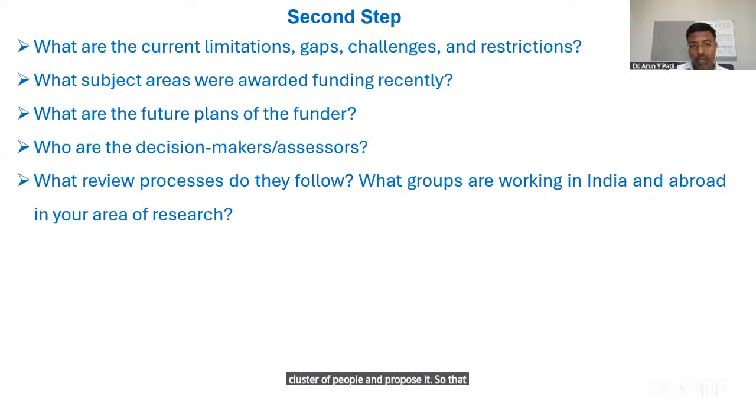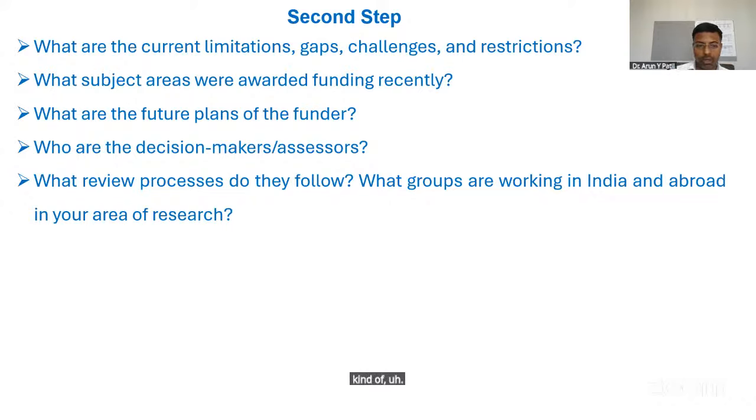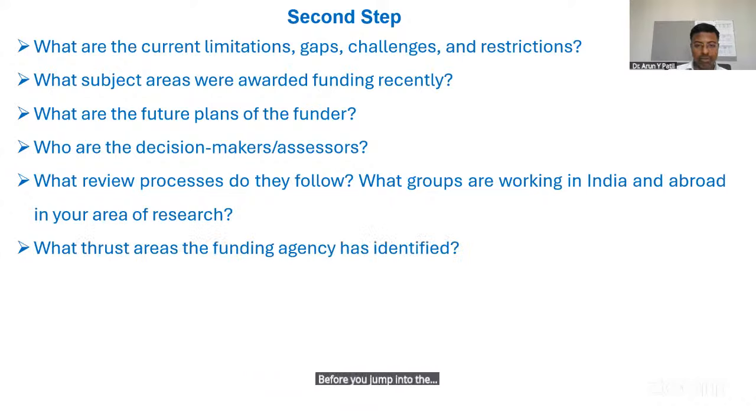That won't work. Every individual should be unique, and there should not be any redundancy or duplicacy when you are proposing any kind of funding approvals, right? They check thoroughly, and they will make sure that the team is well equipped to handle that, and whether the PI or co-PI have the facility to conduct this research or not. So you have to make sure that all these aspects are well ticked before you jump into the proposal drafting.